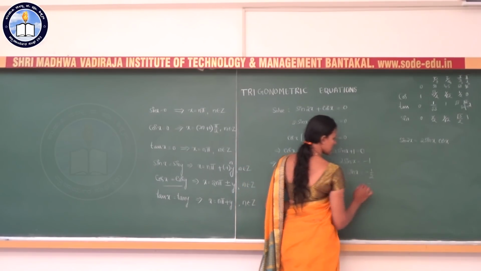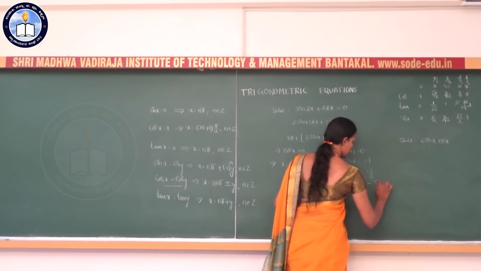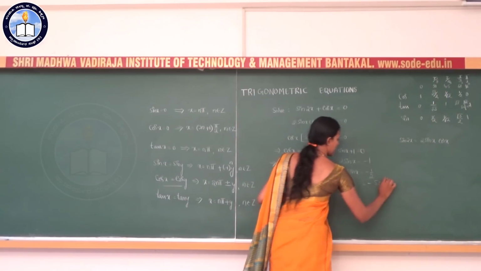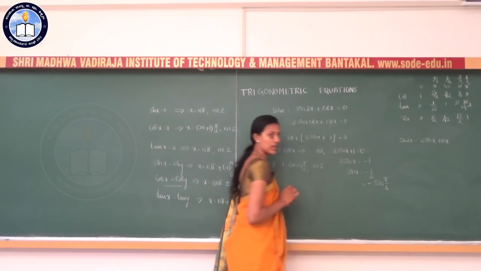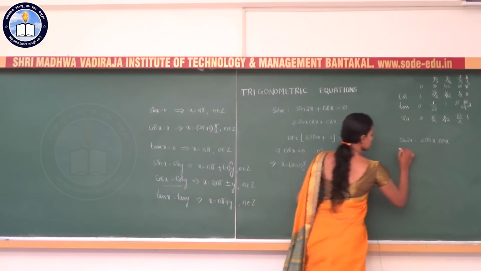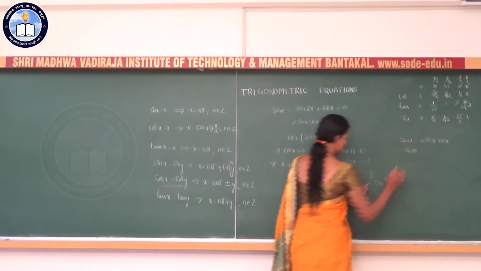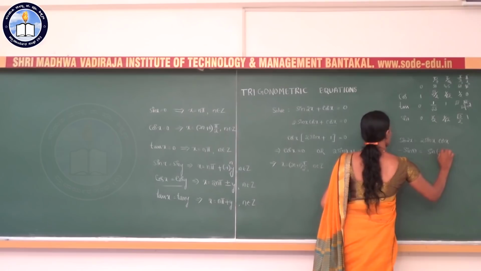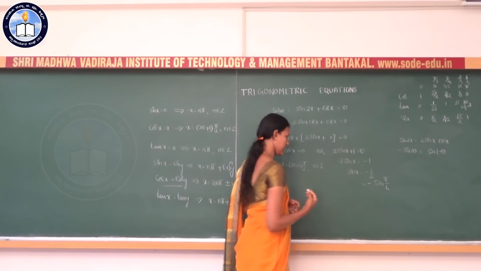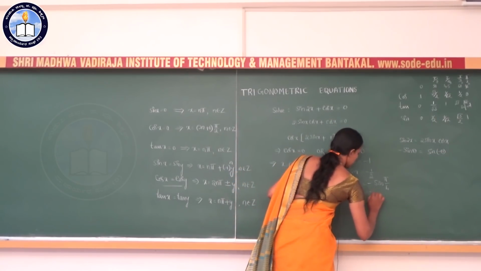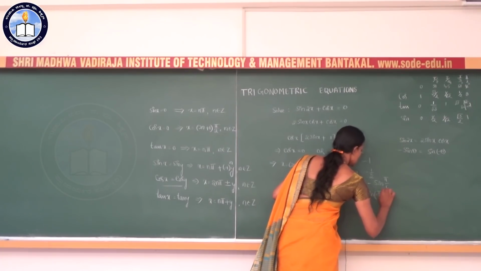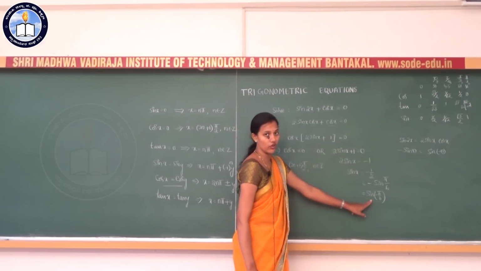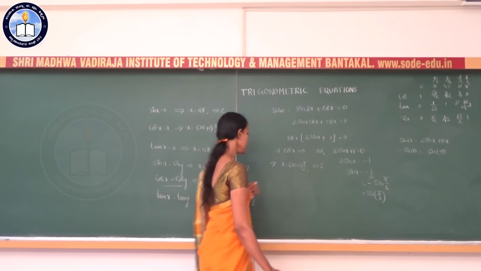Minus half can be written as minus sine of pi by 6, since sine of pi by 6 is half. Minus sine theta can be written as sine of minus theta. So we have sine of minus pi by 6. Sin x is equal to sine of minus pi by 6.